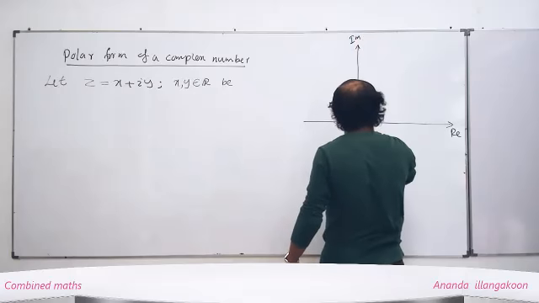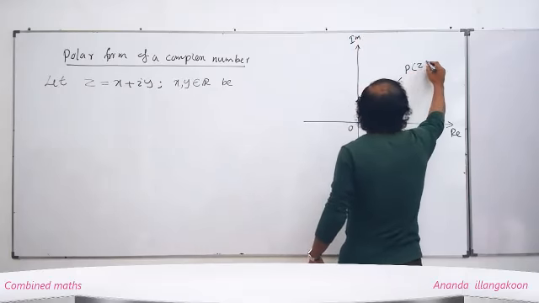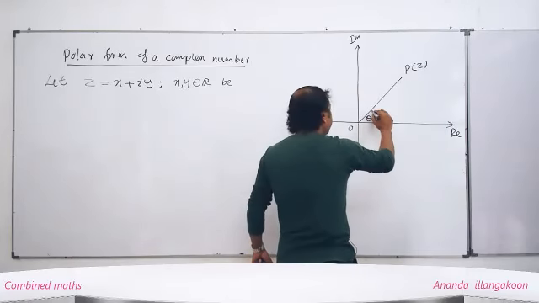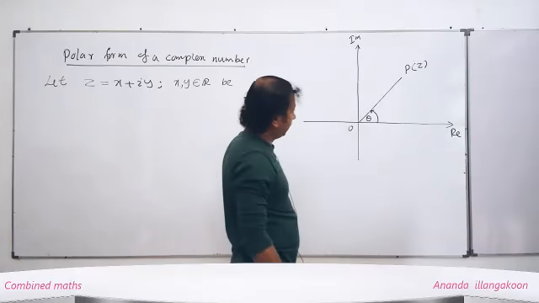This is the origin, no. Point P is this, that is represented by the complex number Z. This way, we mark this. Right. First come this.